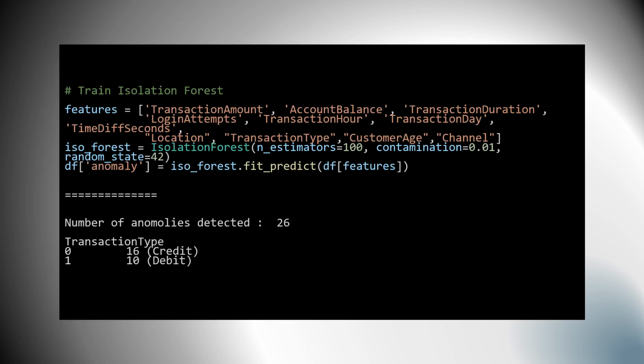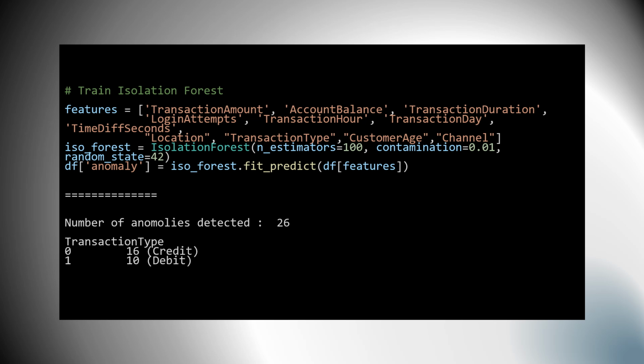To train our isolation forest, we first made a features list that we want to train the forest on. Then we call IsolationForest and we pass the following arguments: the number of estimators, which is standard at 100, and the contamination level.